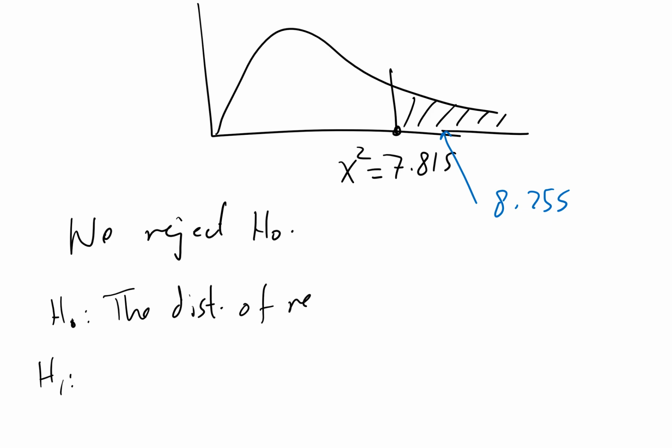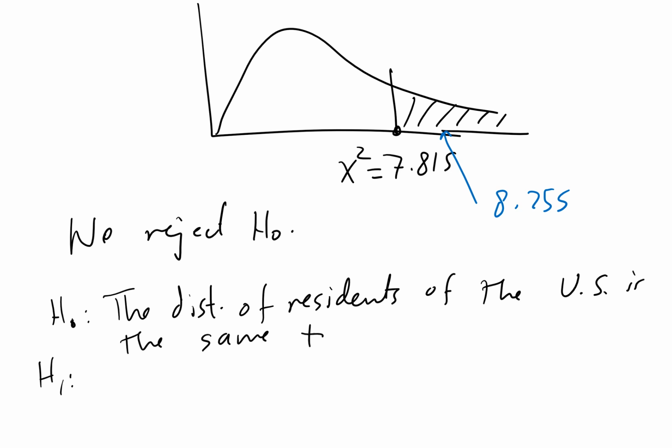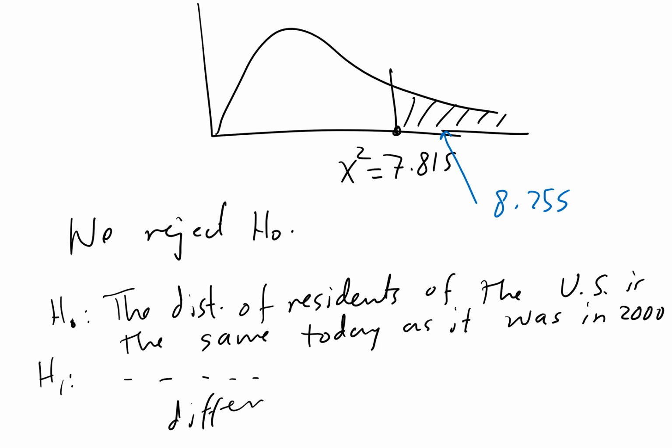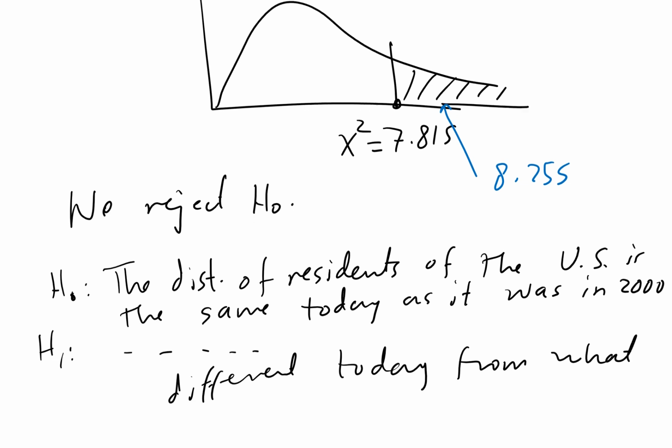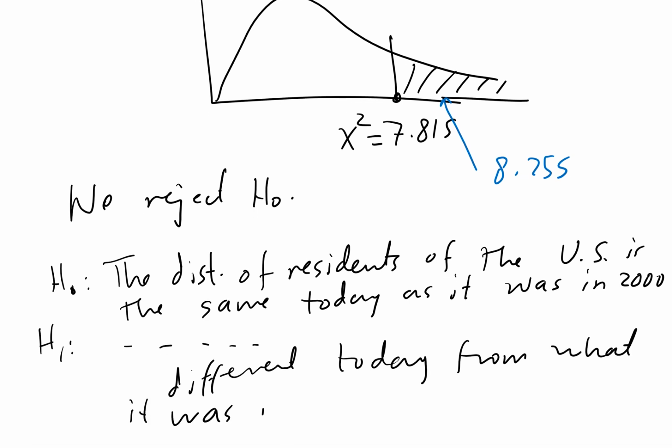The distribution of residents of the United States is the same today as it was in 2000, and the alternative is that it is different today from what it was in 2000.